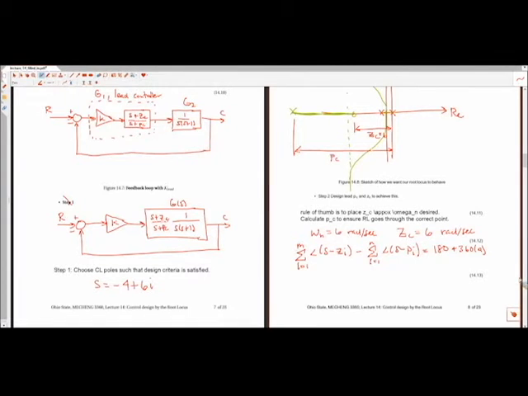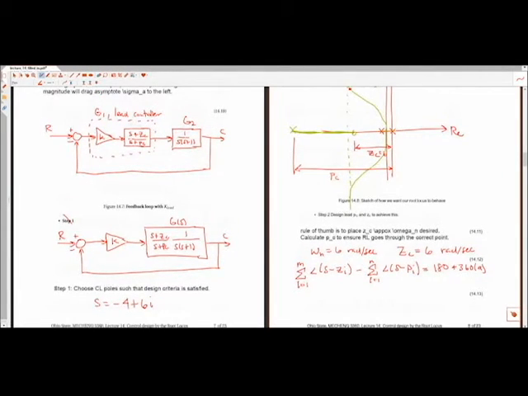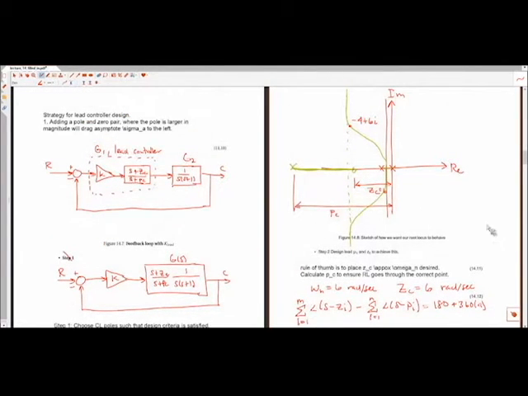And so what this means graphically is that this is a vector going from my 0 to that point, and I can call this theta 2. All right, this is a vector going from this unknown pole location.